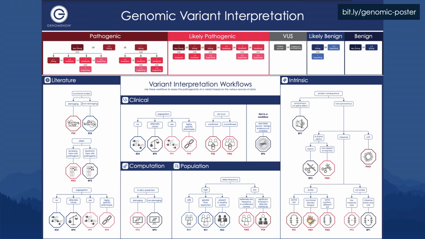But then the apex of that triangle is all of the evidence in the published literature that usually speciates into clinical information, patients, cohorts, and their association with disease and their clinical phenomenology, as well as the functional studies that have tested those variants in various in vitro and in vivo models of protein activity.